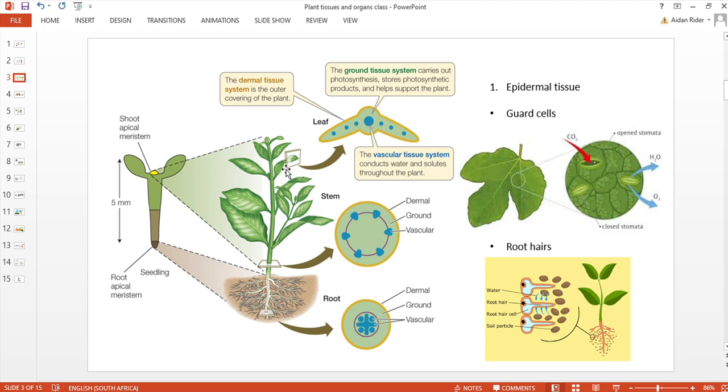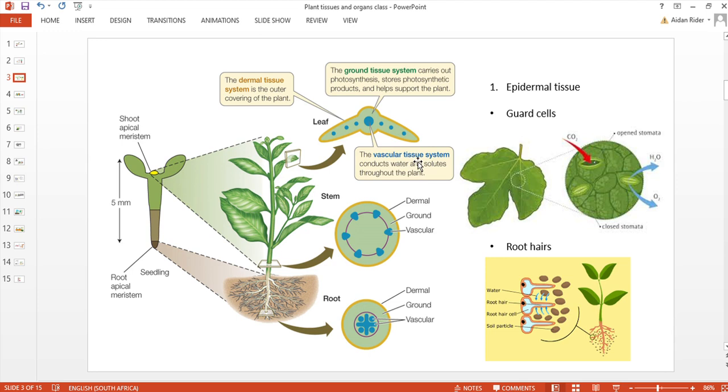So when you look at the leaf, a cross-section of the leaf, there are three groupings within this permanent tissue. Okay, so the outside of the leaf would be your dermal tissue, or the epidermis. Okay, so the inside is the ground tissue, and at the middle, these blue dots, is your vascular tissue system.